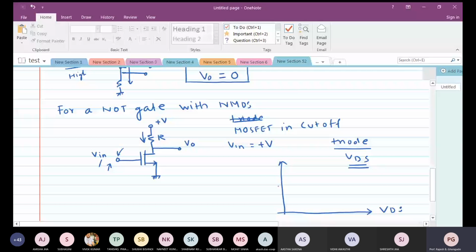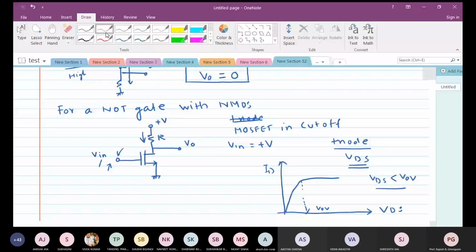This point we already know is VOV. And when VDS is less than VOV, my device is always in the triode region. So this region is what we are interested in, this part of the curve. Are you getting this?